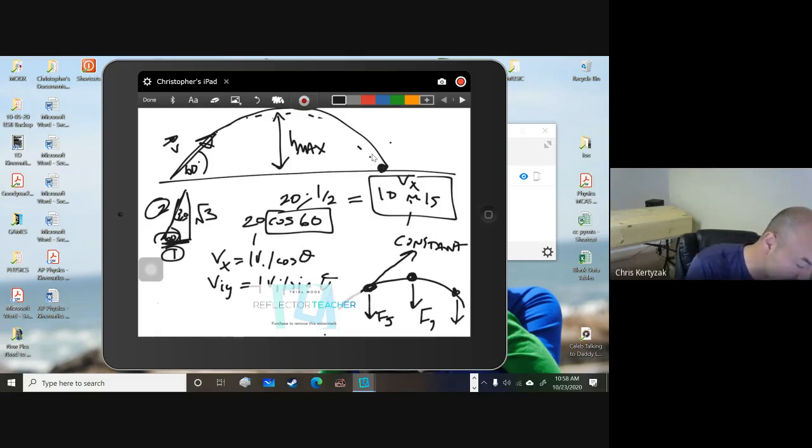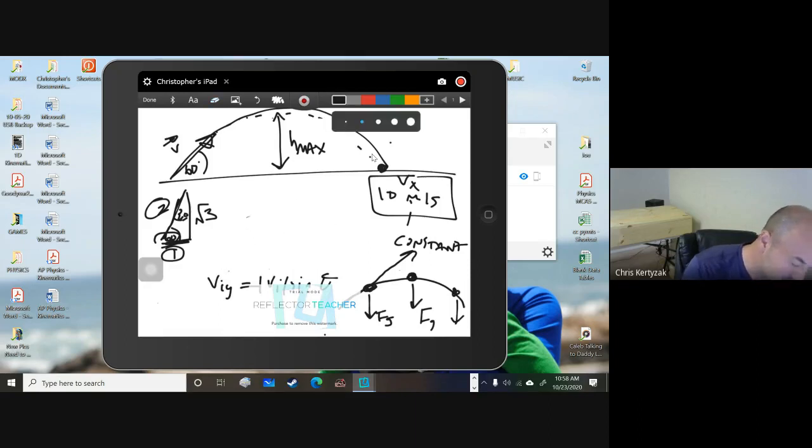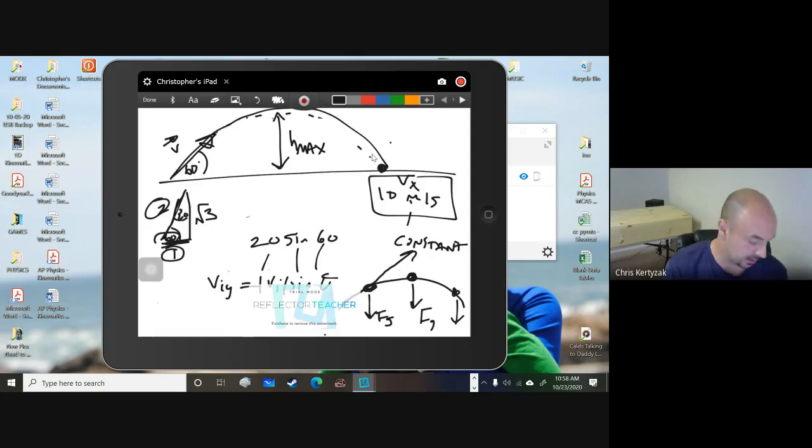Now we got to work out what the vertical velocity is. The vertical velocity is 20 sine of 60. Coming back over to our 60-degree angle on the 30, 60, 90 triangle on the left, sine is opposite over hypotenuse.